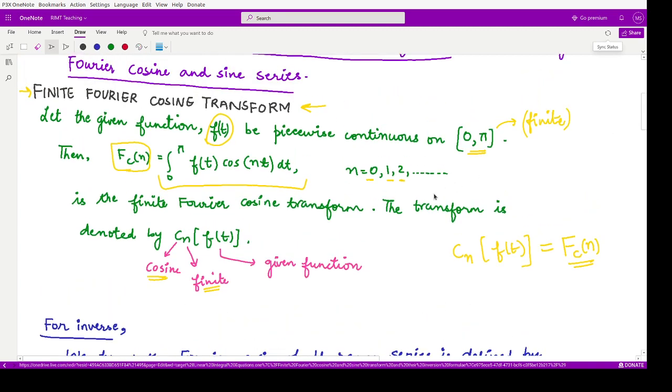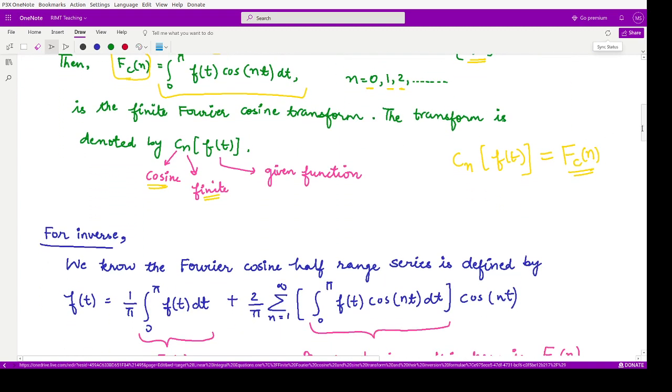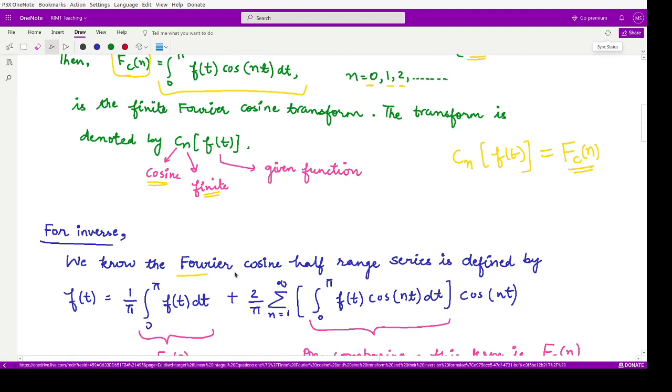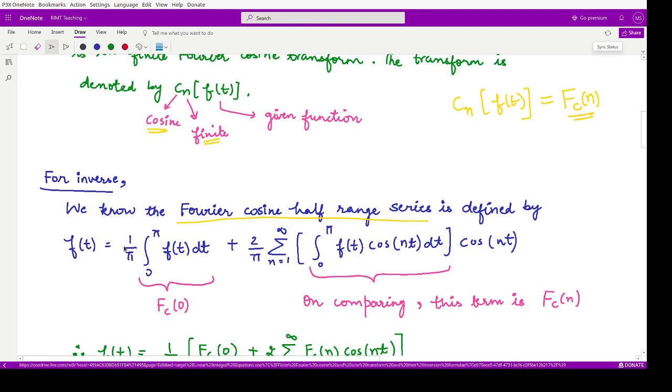To calculate its inverse, we just write the Fourier cosine half range series. What is that? It is given by f of t is equal to 1 by pi integration from 0 to pi f of t dt plus 2 by pi summation n varies from 1 to infinity, integration 0 to pi f of t cos nt dt, times cos nt.